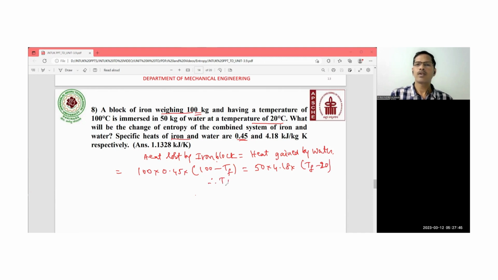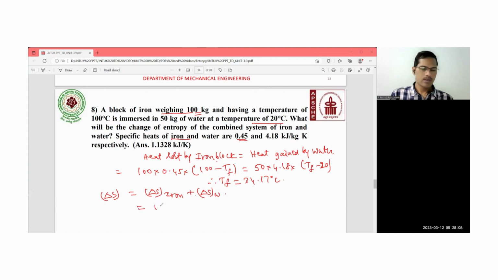With this you get the TF value as 34.17 degrees centigrade. Then the change in entropy is the change in entropy of the iron, which is the system, plus that of the water, which is the surroundings.